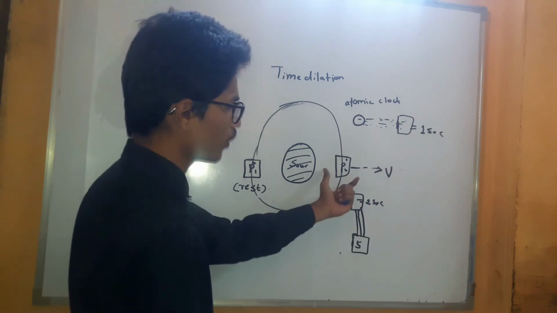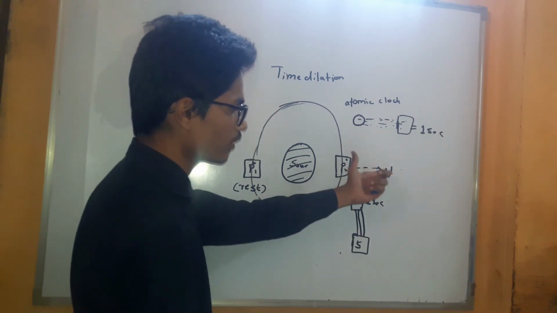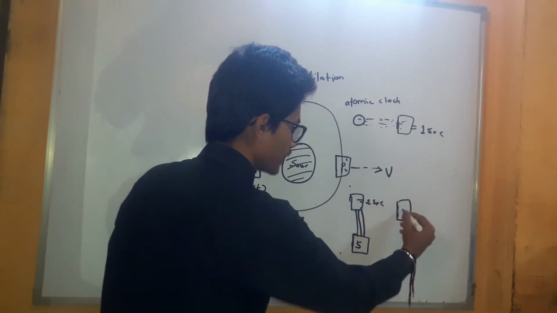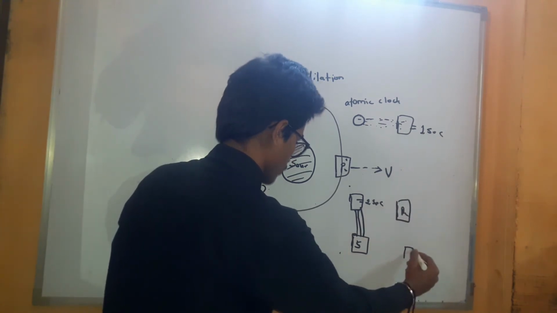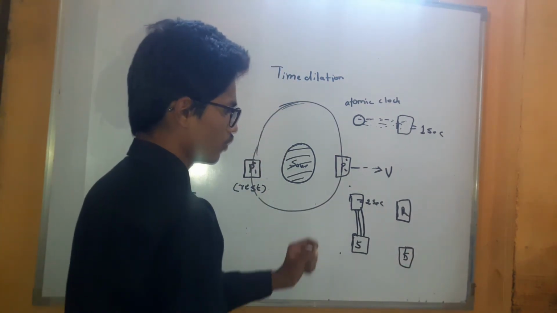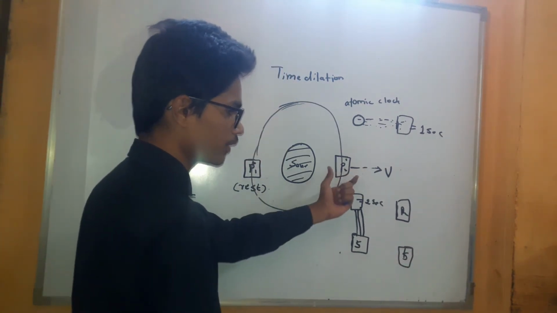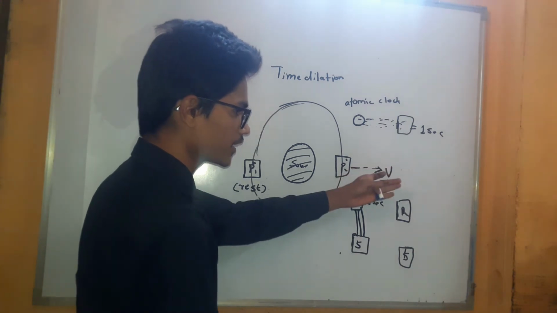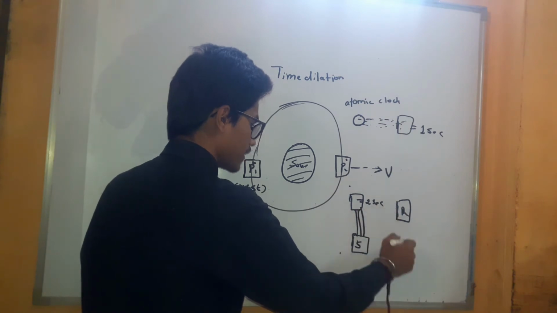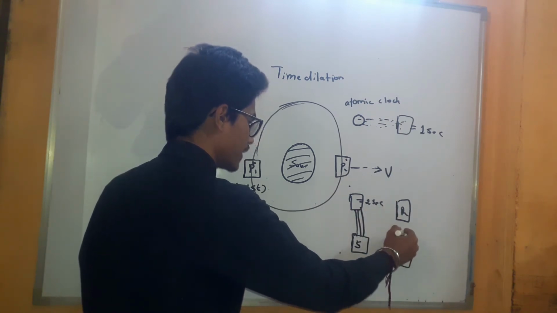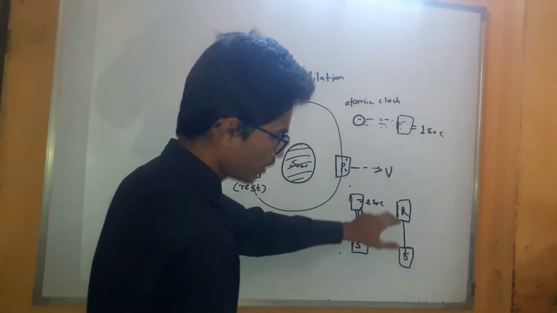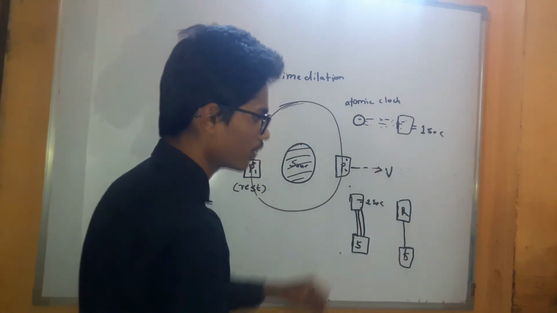Now we watch the second planet which is moving with velocity v. So this is planet P2 and this is the source. In our thought experiment we already said that planet P2 is moving in a straight direction with velocity v. The first time when they are in the same position, the source emits the radiation which hits the atomic clock.